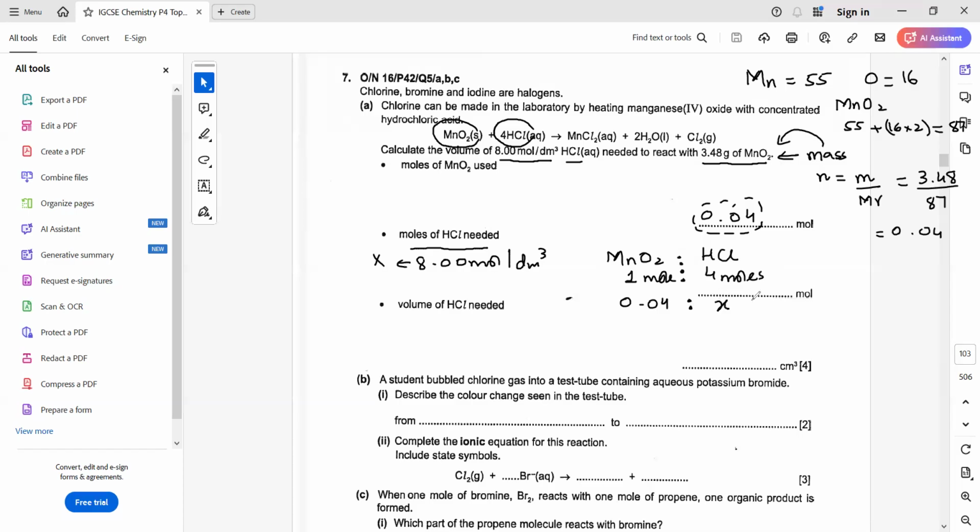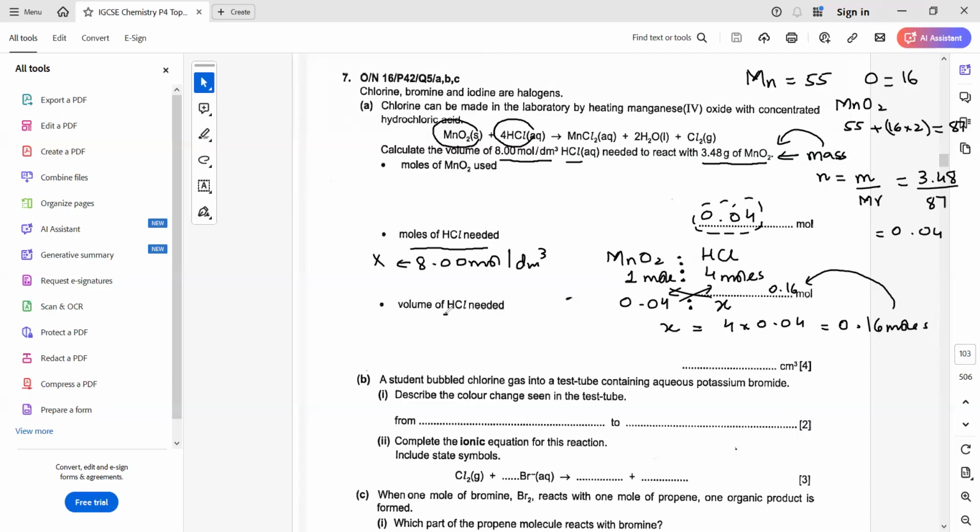And I have to find out the number of moles of HCl. Let's assume that to be X. So now we can cross multiply it. So X is equal to 4 times 0.04, which would now become 0.16 moles. So do you guys get this part? Yes, sir. Thank you.